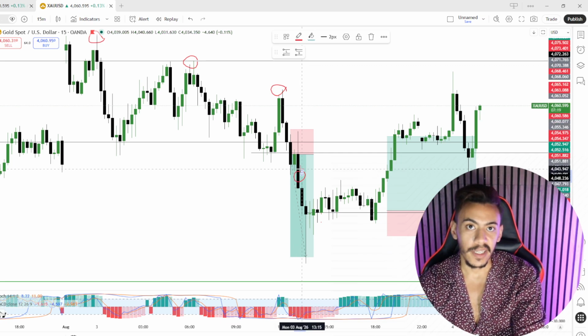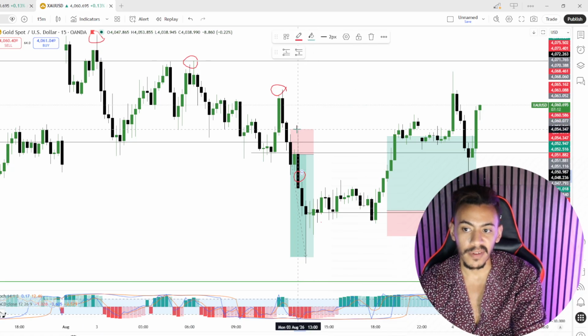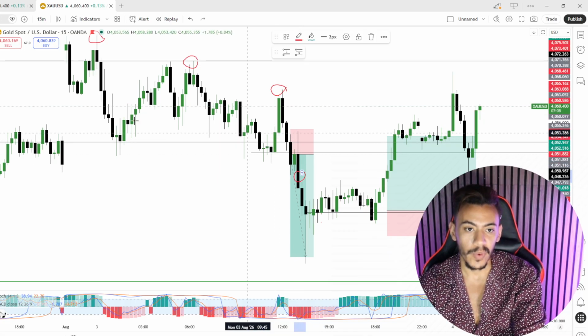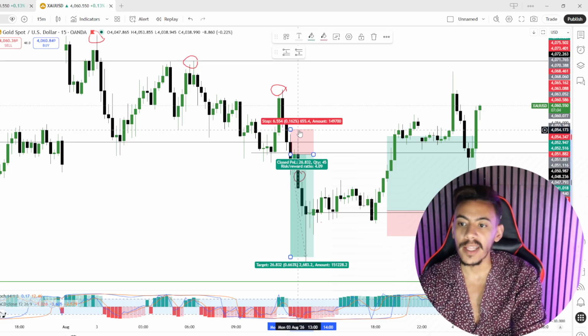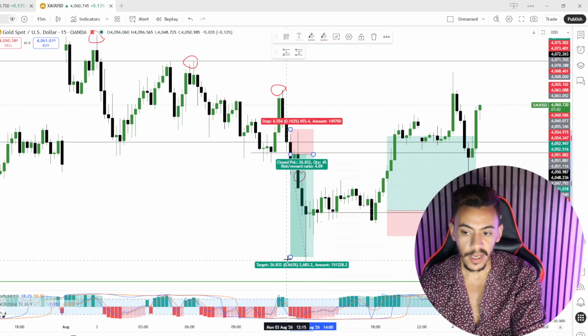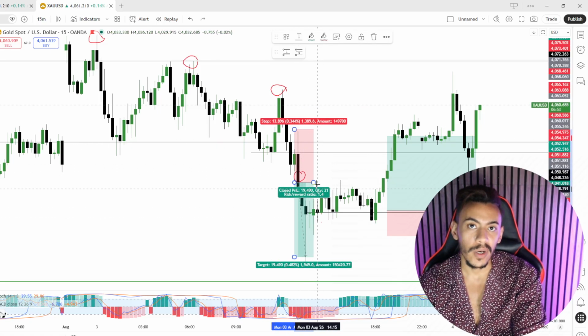Realistically, to have a safe zone stop loss and you want to catch all the trade, you'll have your stop loss above the previous high right here, so you don't get hit in case of any high wicks or any high volatility that comes to the market. It doesn't wick you out and then goes back in your way. So you would have had your entry right here and your stop loss right here. Look at this risk to reward. It's 1.4. It's not worth it to trade it at this point.